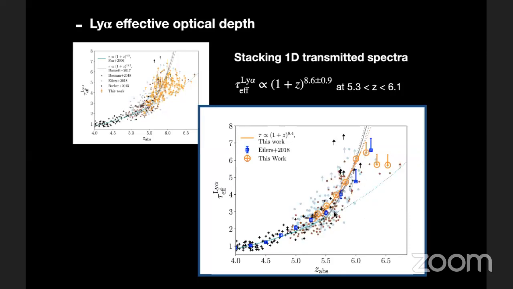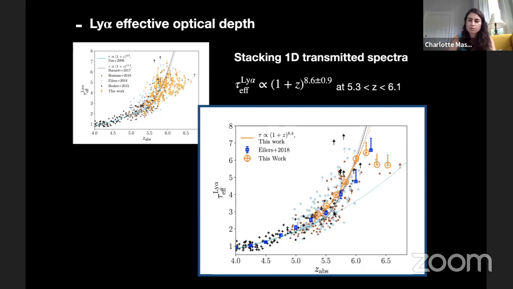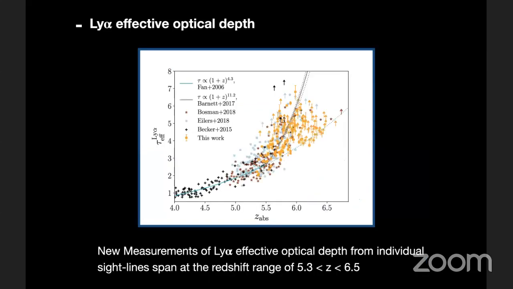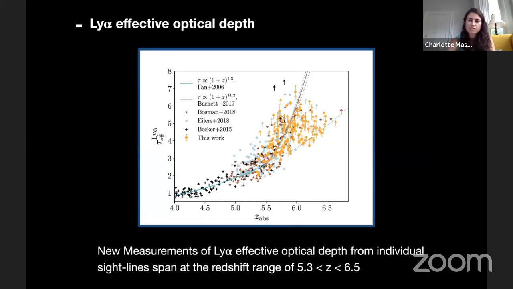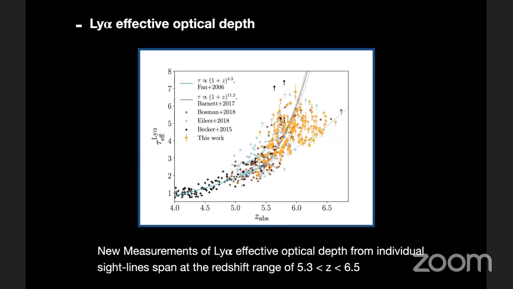Yes, the dotted line is from Fan 2006. And whether the scatter has decreased in the new sample.